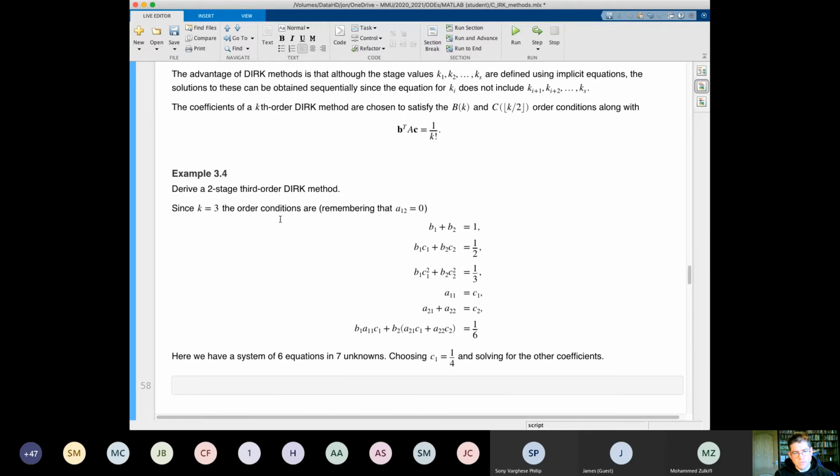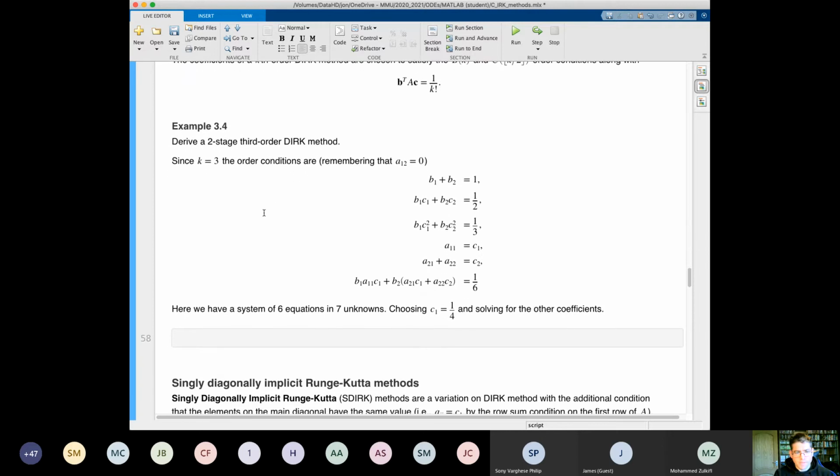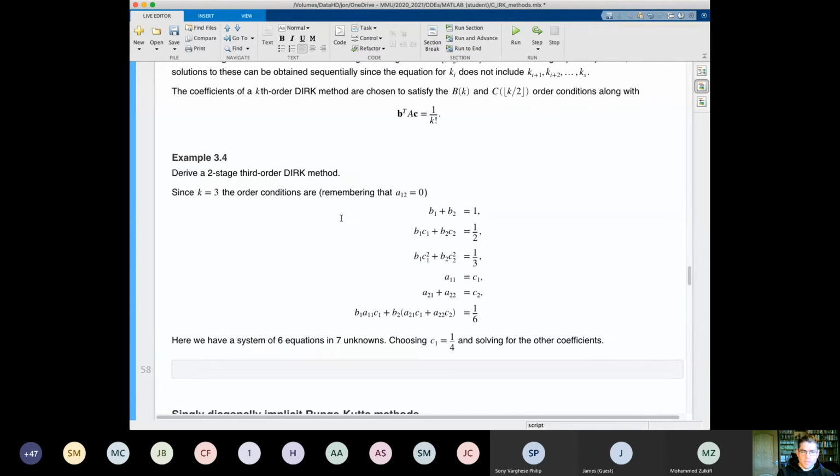We've got 2 stages, and our Butcher tableau would have 2 C values, 2 B values and 3 A values, because A12 would be 0. We need to solve for these because we don't know what the C values are.